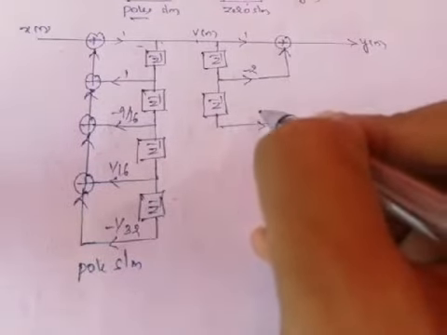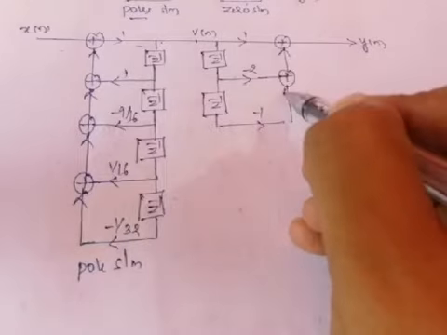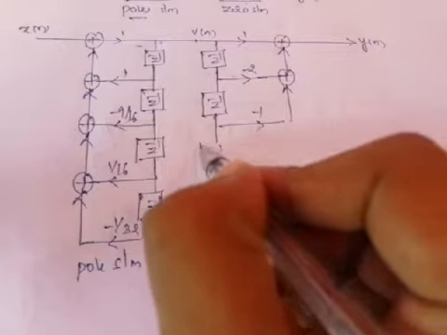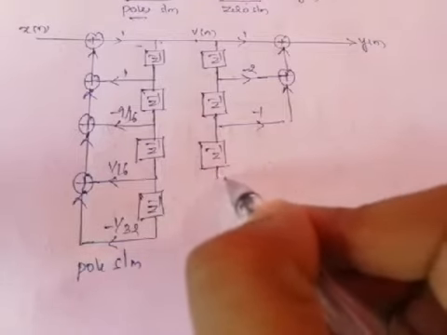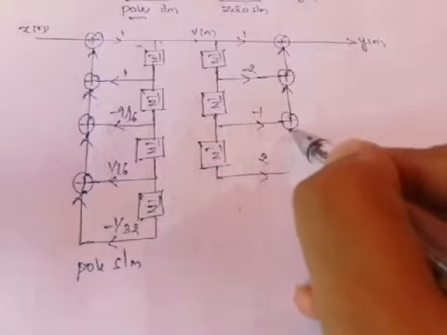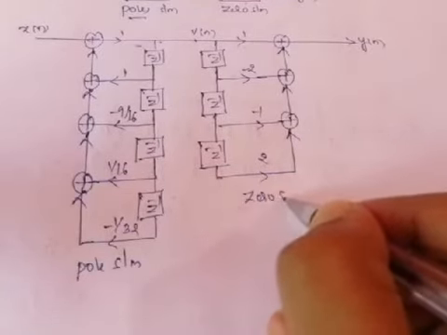The coefficient term is minus 1, add with the previous result. Third time delay. The coefficient term is 2, add with the previous result. Hence we completed the zero system.